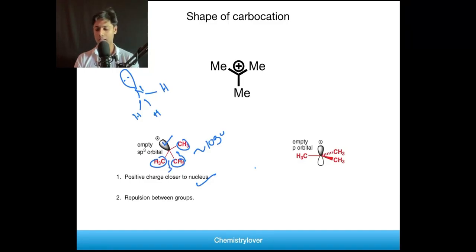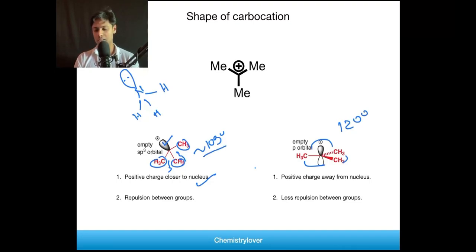So they are close to one another, so there will be steric repulsion. Whereas in the case of this planar carbocation, you can see the positive charge is placed on a p orbital and not an sp3 hybrid, so it is away from the nucleus. Also the angle between all these groups is 120 degrees, which is much bigger compared to 109 degrees in the pyramidal shape.